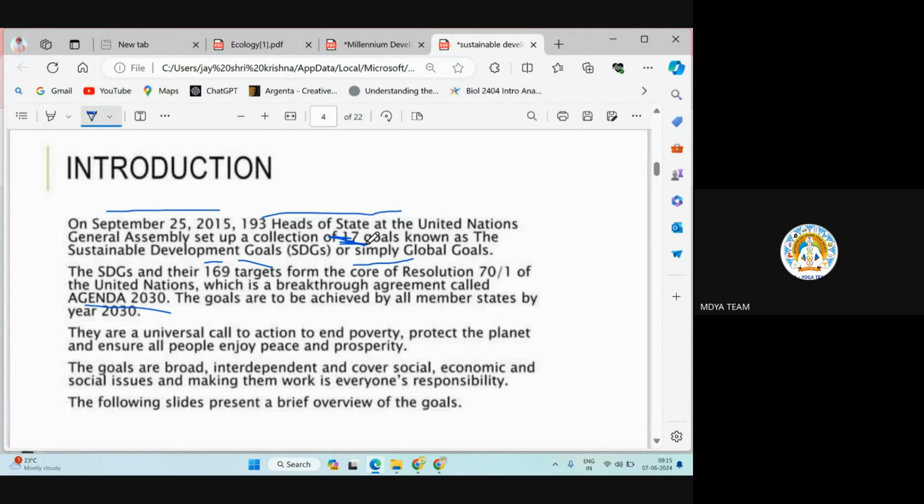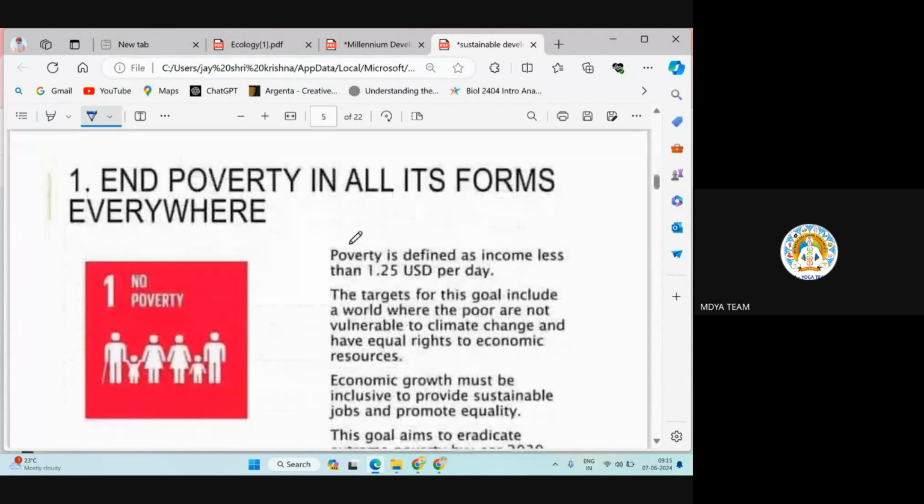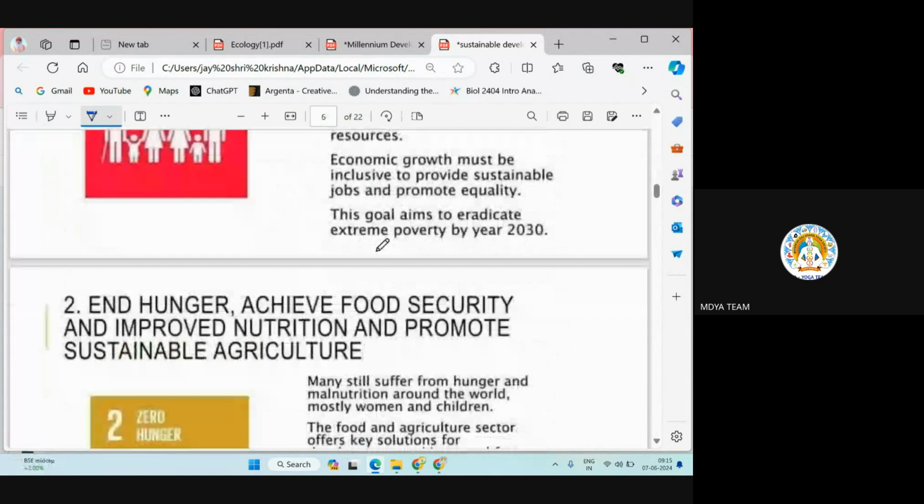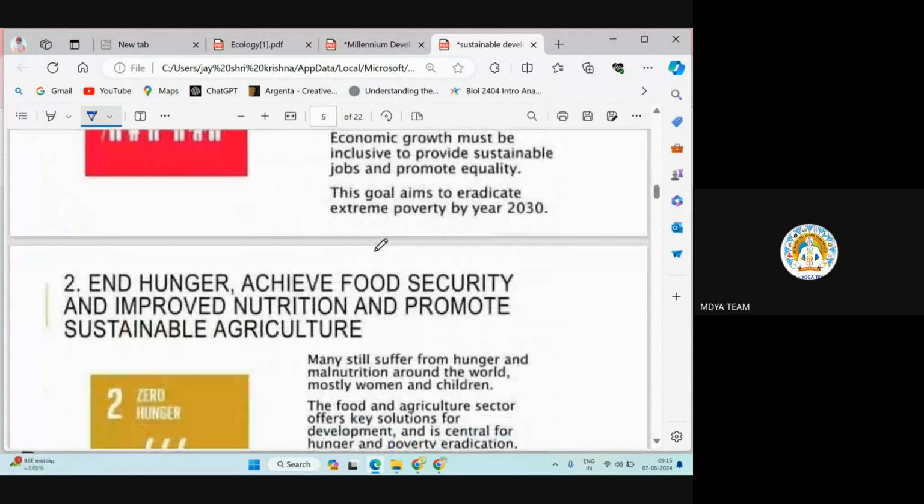Now let's talk about these goals. First one is no poverty. Second one is almost directly related to the first one: zero hunger and improved nutrition, and for this you need to promote sustainable agriculture.